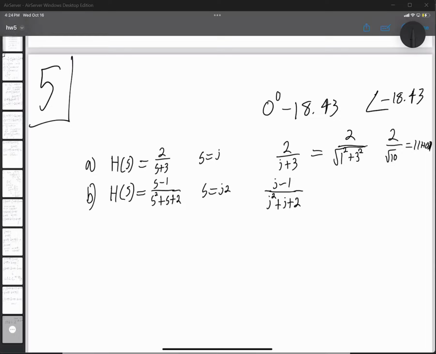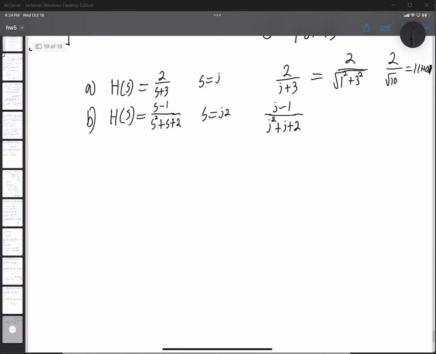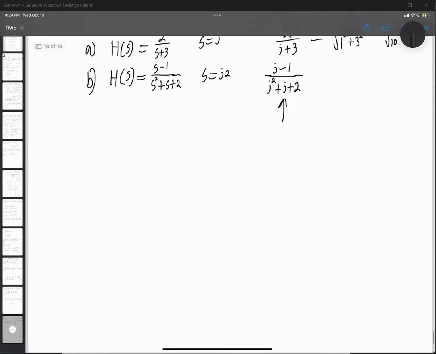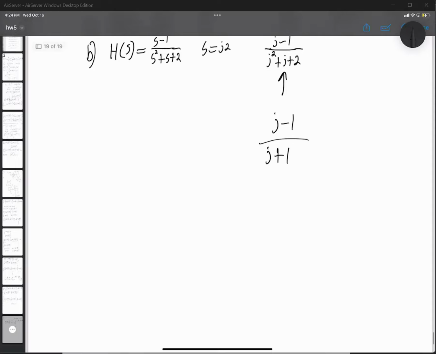Alright, now let's move on to the next one. We can simplify the bottom here. j squared is a negative 1. So j minus 1, j plus 1, because that negative 1 got rid of 1. We'll multiply the top and bottom by the conjugate of the bottom. So we'll have 1 squared plus 1 squared left on the bottom.